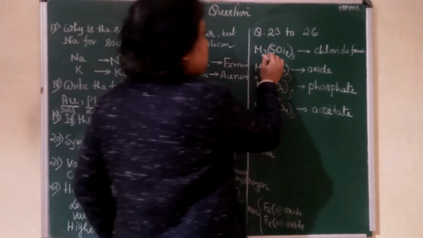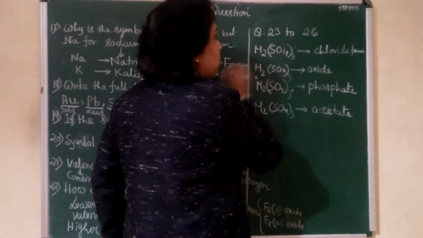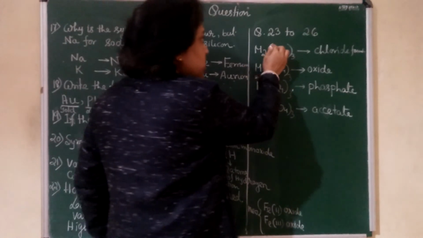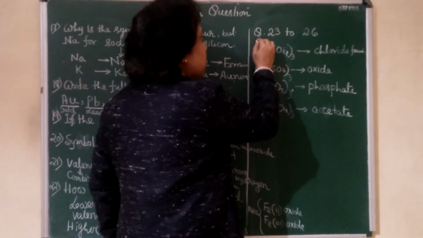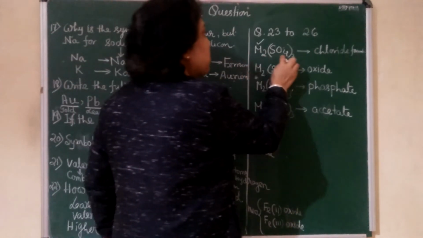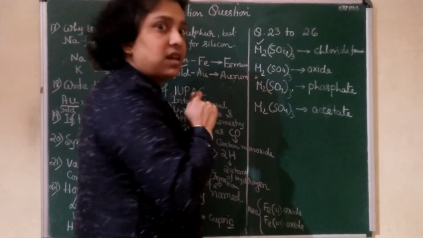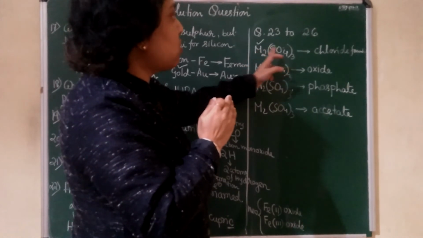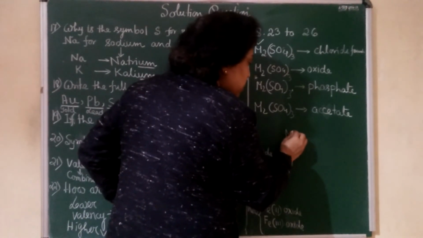Now the next one is very interesting. I like this kind of question. M2(SO4)3. This is the formula of a sulfate. From the formula we can easily find out the valency of the metal, and of the sulfate also, because we know how the formula is written.